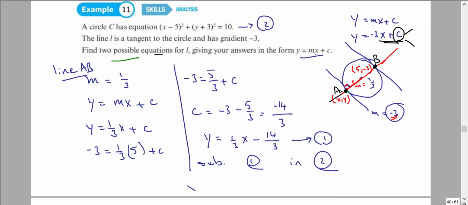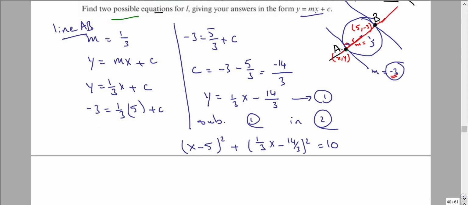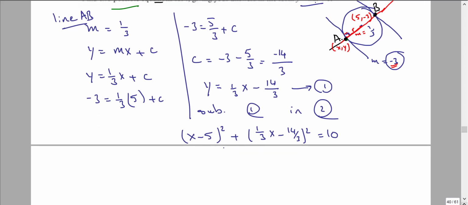Substitute the line in the equation of the circle. So we have (x minus 5) squared, keep it, plus y squared, we're going to remove y and substitute 1/3 x minus 14/3, squared, equals 10. A fraction is a bad thing actually to calculate, to expand. So if you expand this one, you get x squared minus 10x plus 25.